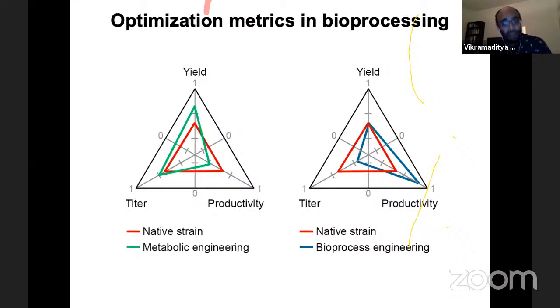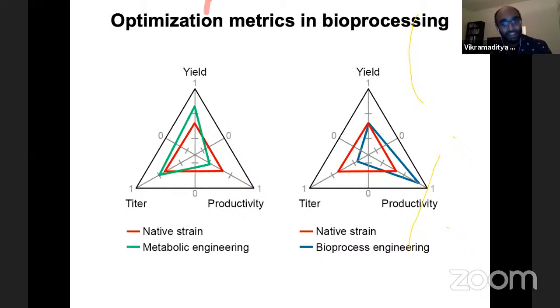So on a gram per gram basis, which is how we define yield, you always want to have higher yield. So you're producing more of the product per unit mass of the substrate fed. And in chemistry, we often allude to this as atom economy, so high atom economy. And productivity is nothing but yield per unit time or titer per unit time. Either one of those two units is good to define that.